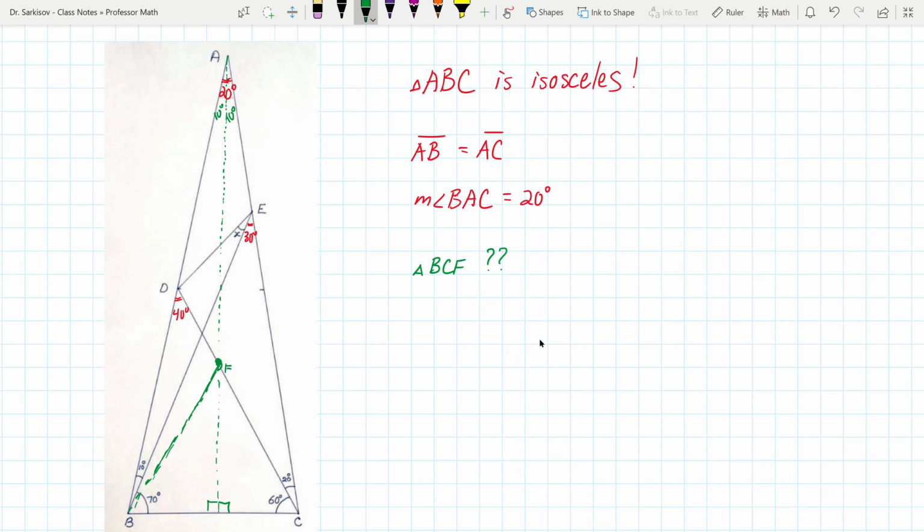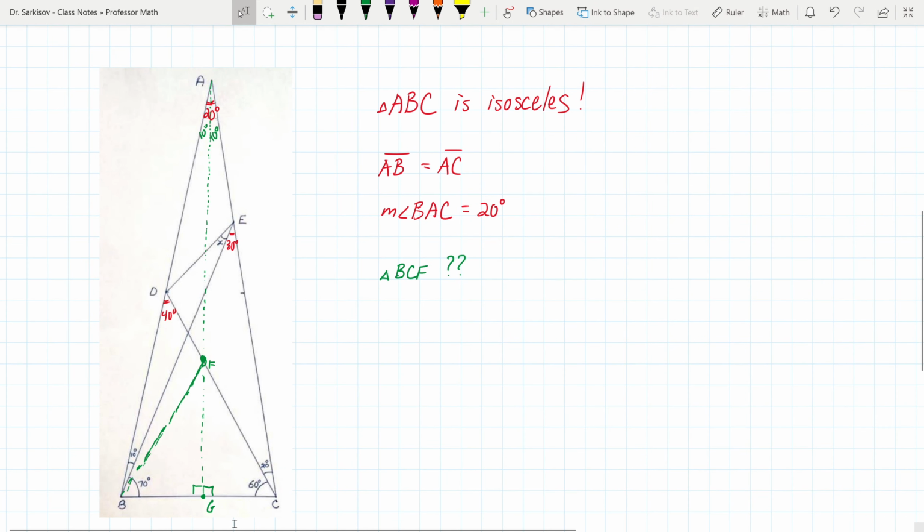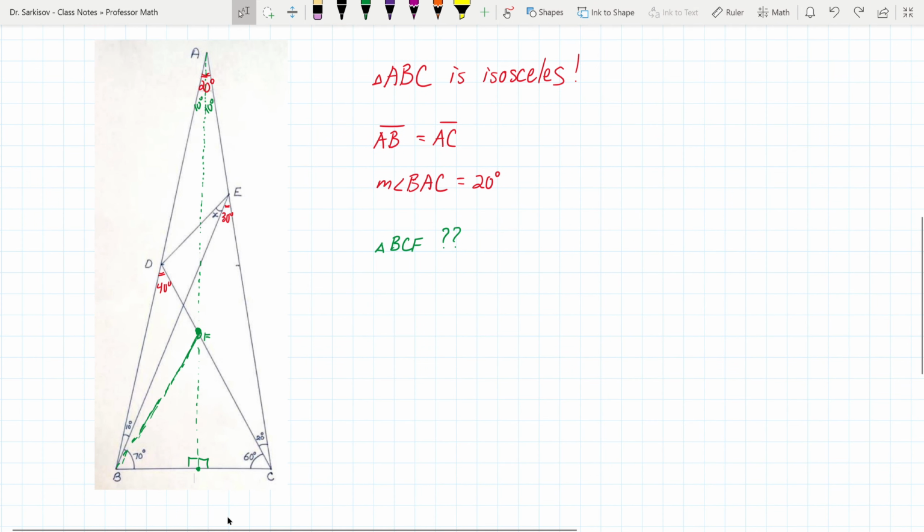Let's look at that. And let's call this point G here, where the altitude meets BC. Let's write G here. Okay, and so that's point G.